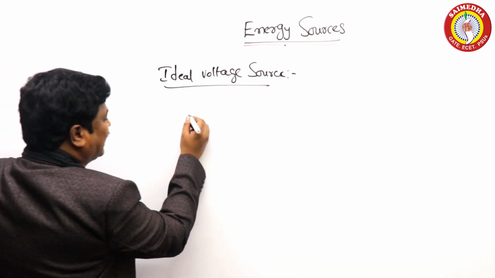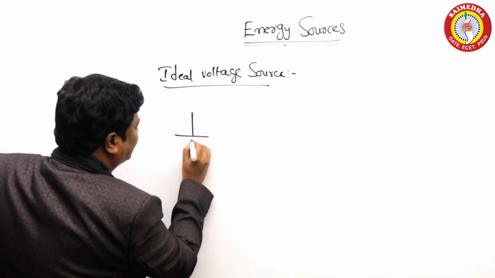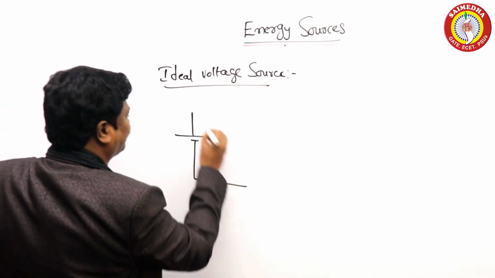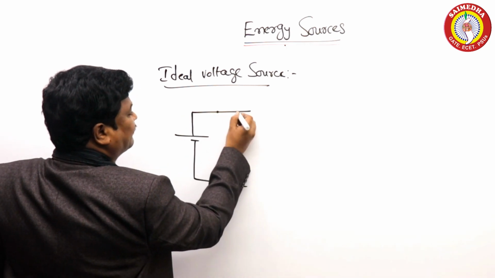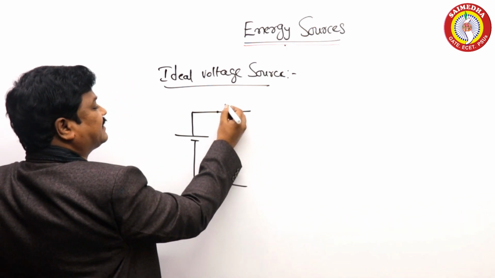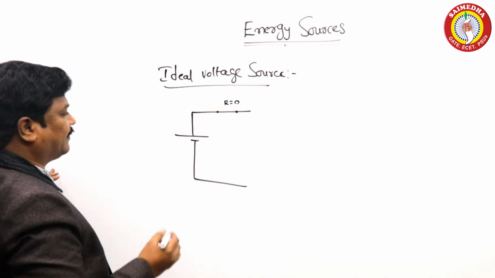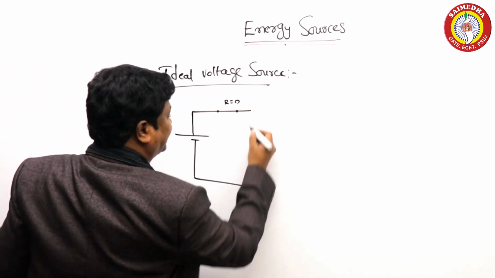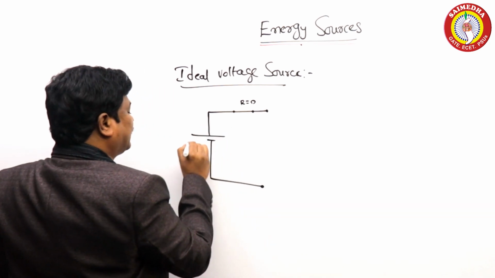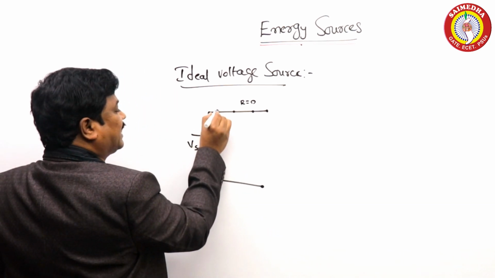So the ideal voltage source is like this. Suppose the internal resistance R is 0 here. Then consider the characteristics, with some voltage Vs and some current Is.